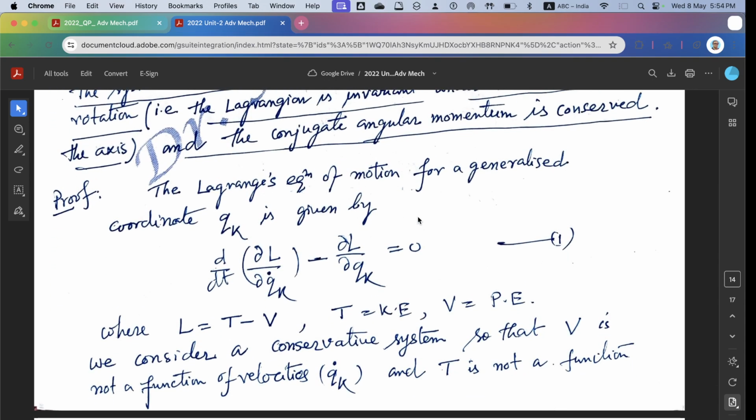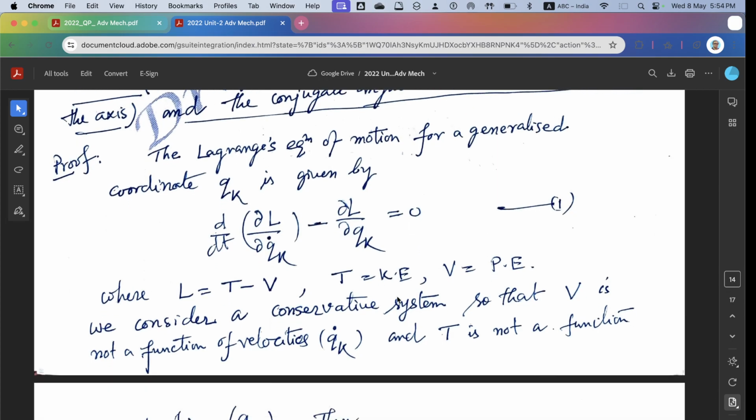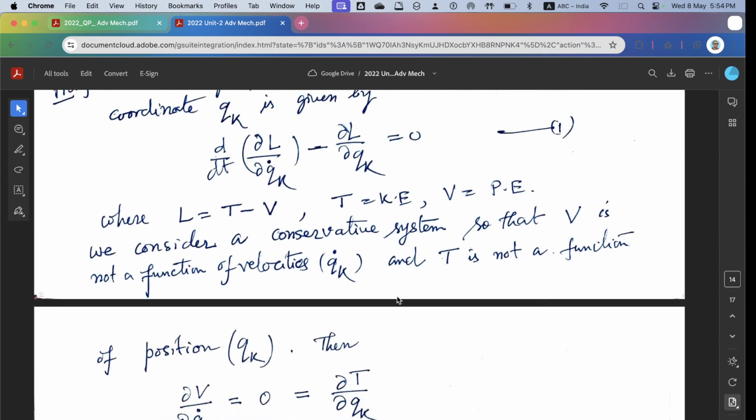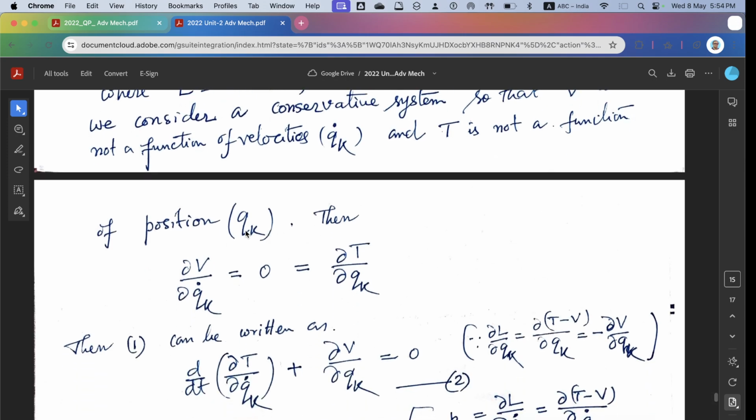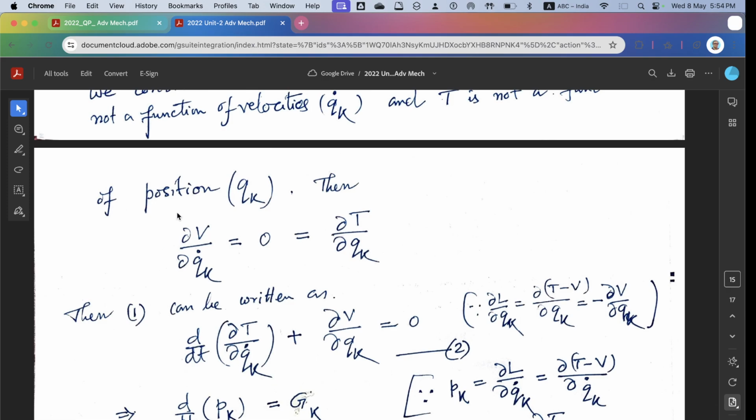Now, Lagrange's equation of motion for the generalized coordinate qk is d/dt of del L by del qk dot, minus del L by del qk, equals 0, where L equals T minus V, T being the kinetic energy and V the potential energy. We consider a conservative system, so V is not a function of velocities qk dot. V is a function of qk only, and T is not a function of position qk. Then del V by del qk dot equals 0 and del T by del qk equals 0.